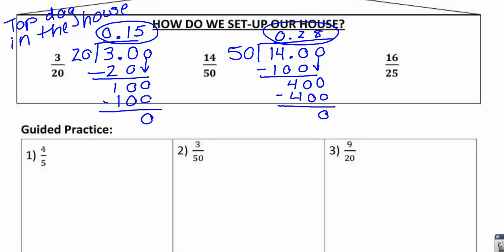Remember the last one, top dog in the house. 16 goes inside, 25 is outside. 25 can't go into 16. A decimal and a 0. 25 goes into 160 6 times. Oops, that's not 160, it's 150.